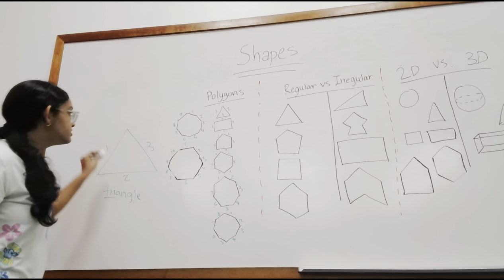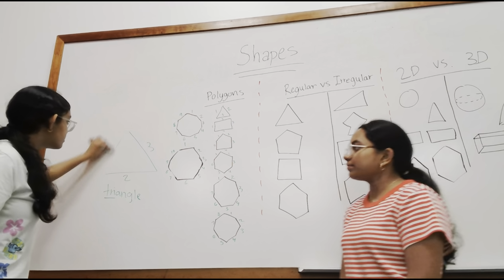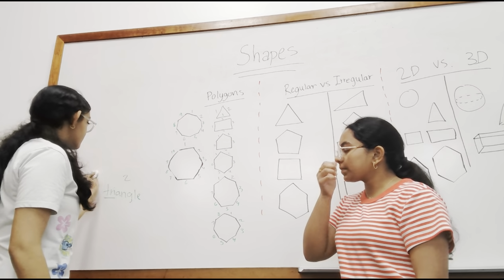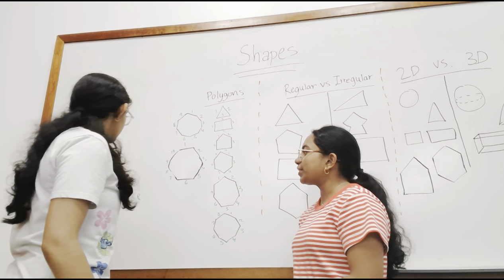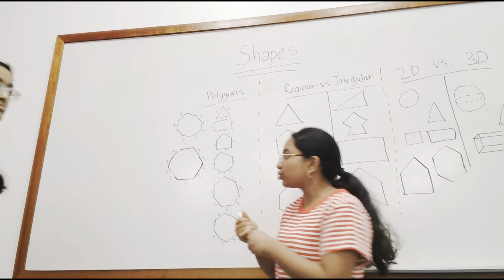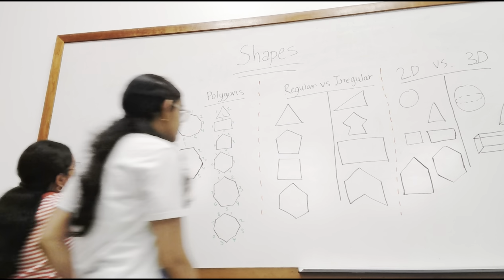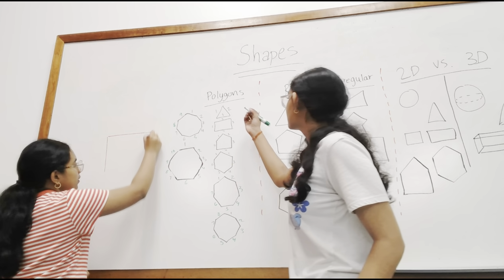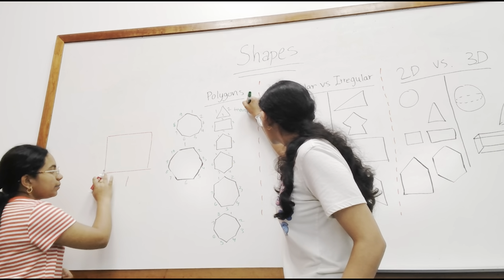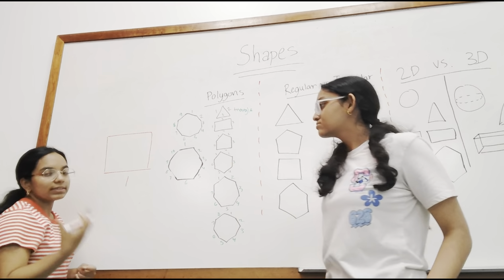Now that is the word for the shape. Let's go to the second shape. A line basically is called a side.